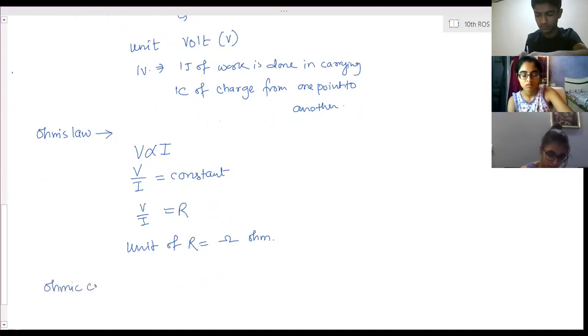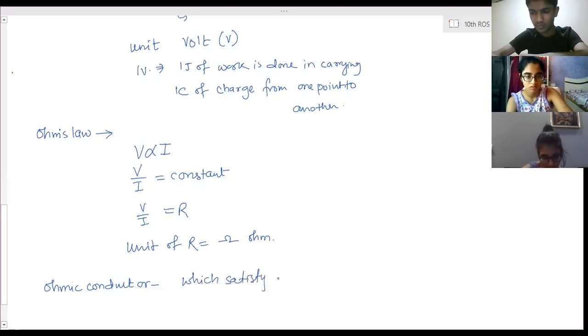Ohmic conductors are the conductors which satisfy Ohm's law. Those are called ohmic conductors.